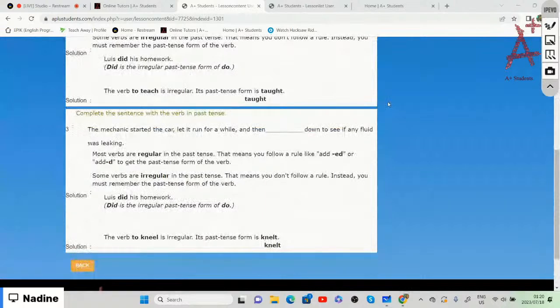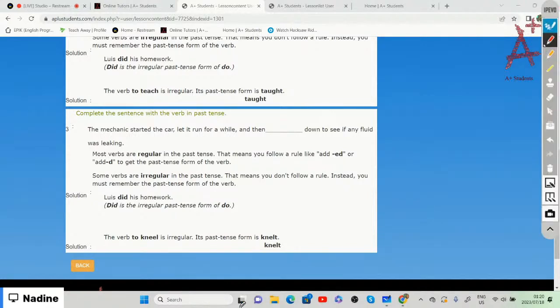The mechanic started the car, let it run for a while, and then knelt down to see if any fluids was leaking. So to kneel, if we were to kneel down, what is the past of to kneel?